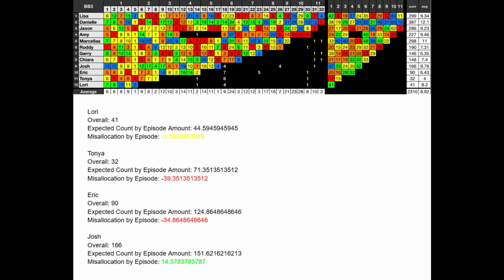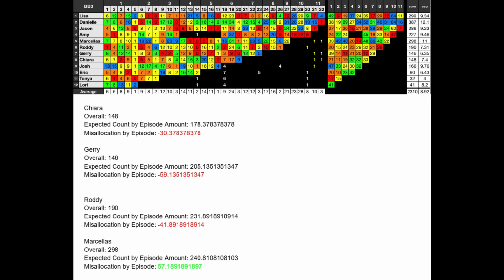Josh has an overall diary room count of 166, and his expected count by episode amount is 151.62. This means that he has 14 more diary rooms than he should have gotten if this was a balanced edit, but he only barely bumped up to the over edited compared to some of the others.